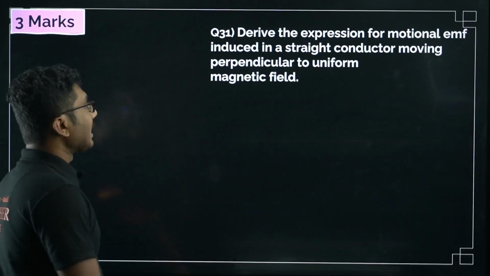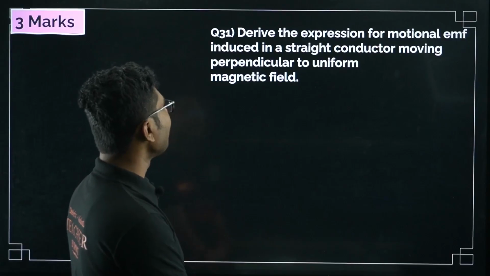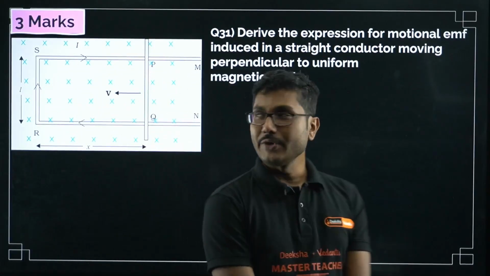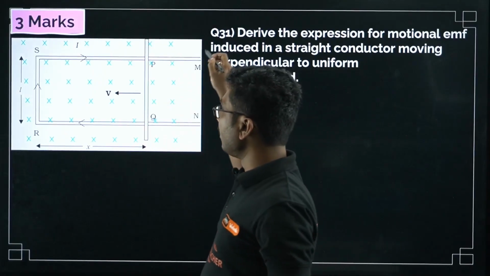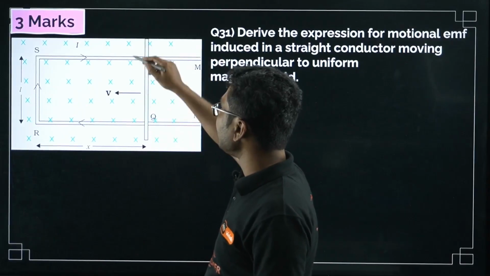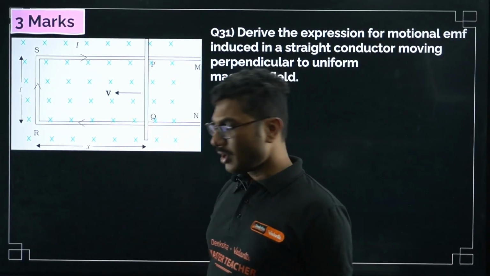Next, derive the expression for the motional EMF induced in a straight conductor moving perpendicular to a uniform magnetic field. So let's see. Here we have a wire, and this wire is moving in this direction. The magnetic field is into the page. So we have to find the motional EMF for this.